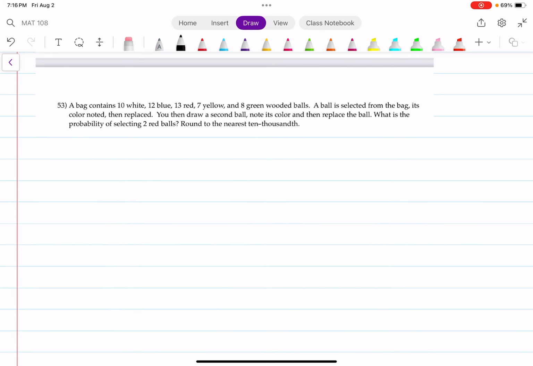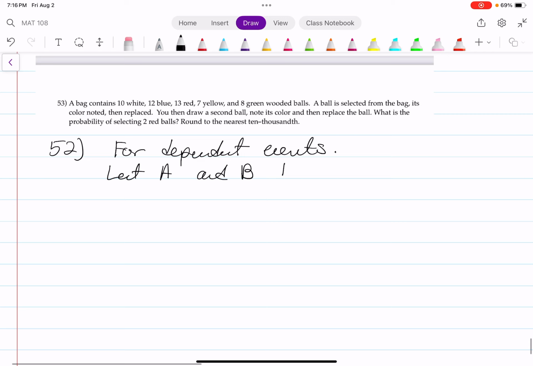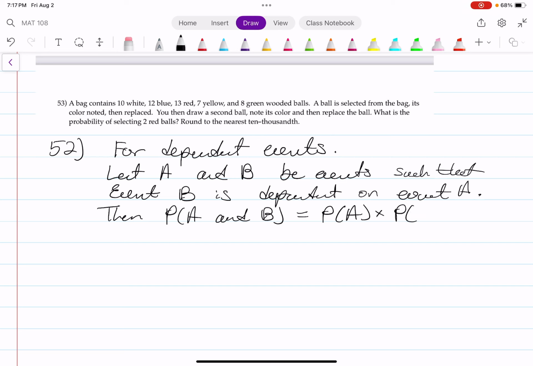So for 52, write it down here. For dependent events, let A and B be events such that event B is dependent on event A. Then the probability of event A and event B occurring equals the probability of event A times the probability of event B given that event A has already occurred.